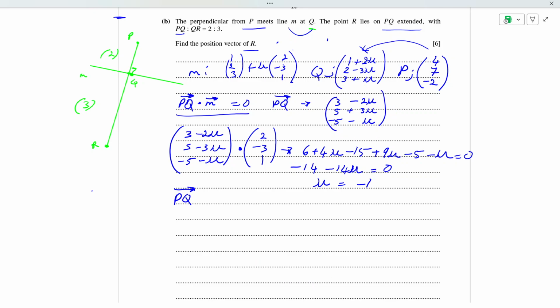Okay, this direction here, which I've been using this entire time, is actually QP, not PQ. It's the other way around, which is fine. So I just correct that. That becomes QP.